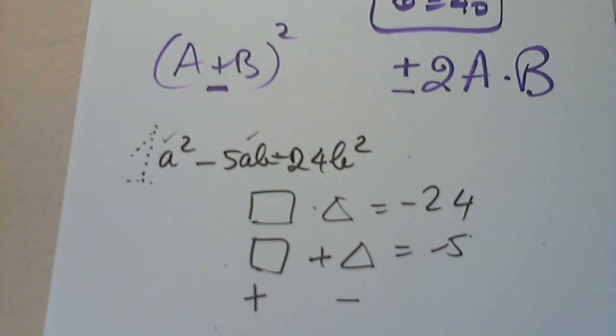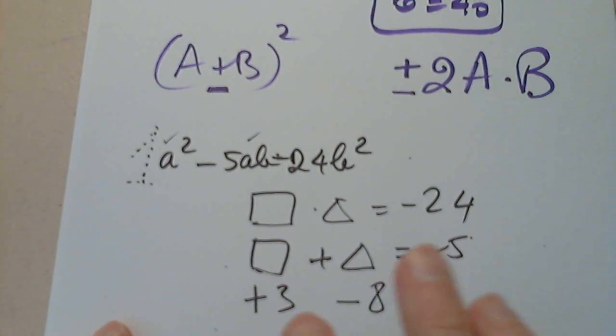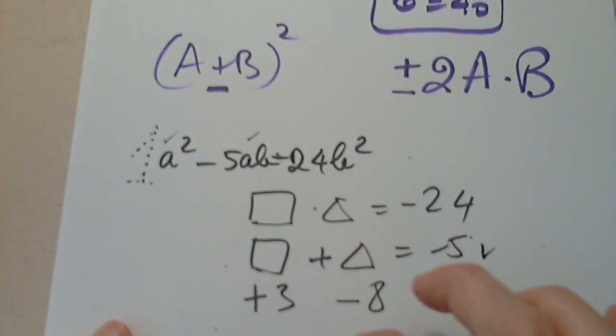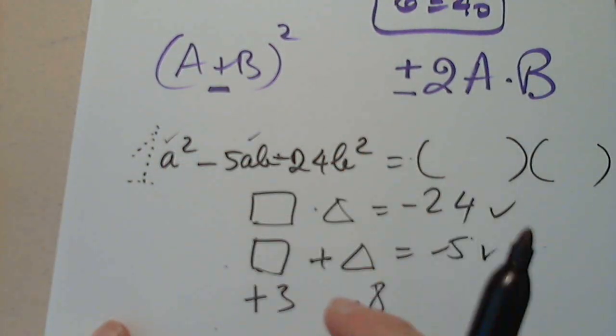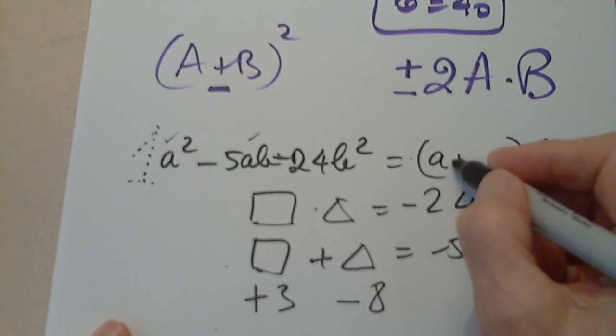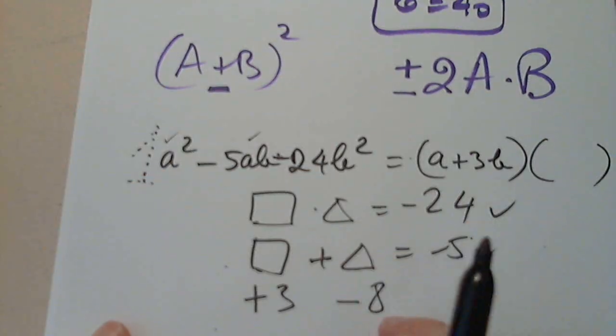Negative 8, positive 3. Excellent. That's all we need. The sum is this, the product is this, so then I have a plus 3b, a minus 8b.